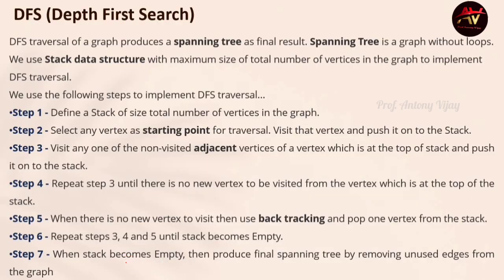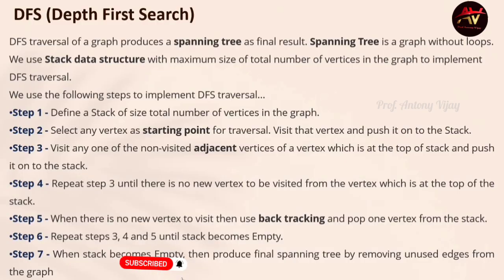Let's have a look at the steps involved in the implementation of DFS traversal. The first step is to define the size of the stack, which depends upon the number of vertices available in the graph. Then we can choose any vertex as the starting vertex, and then we find the adjacent vertices of the starting vertex.